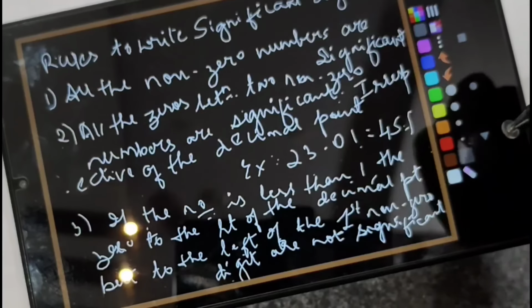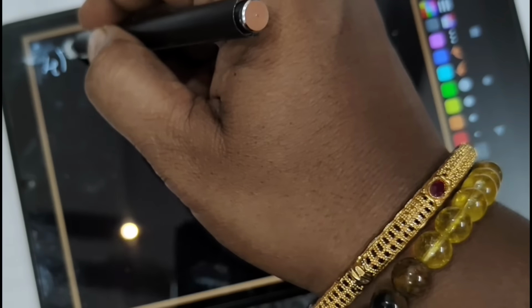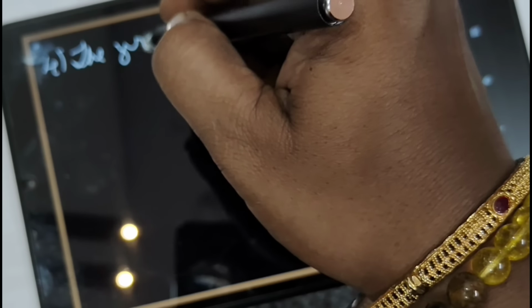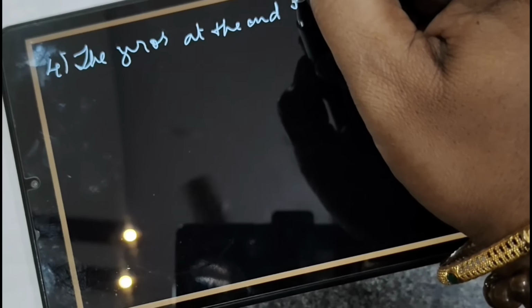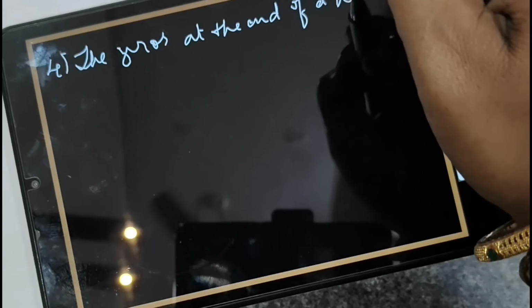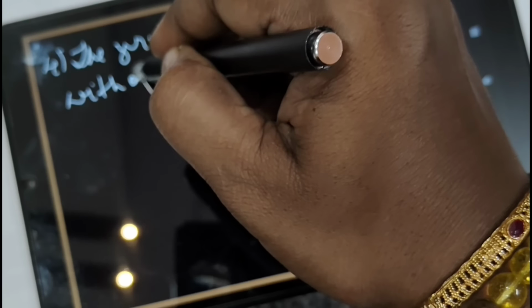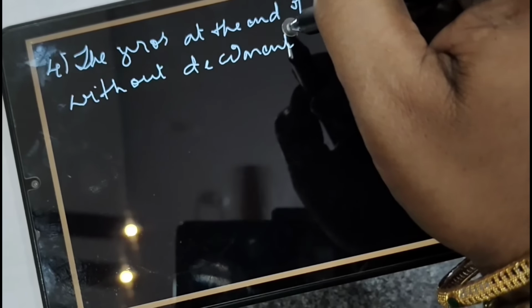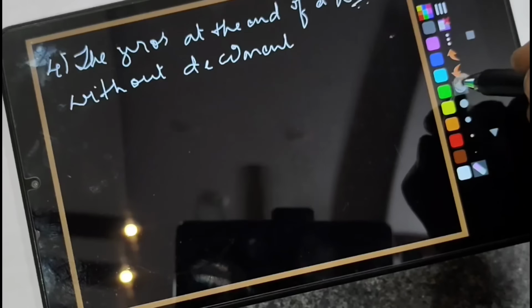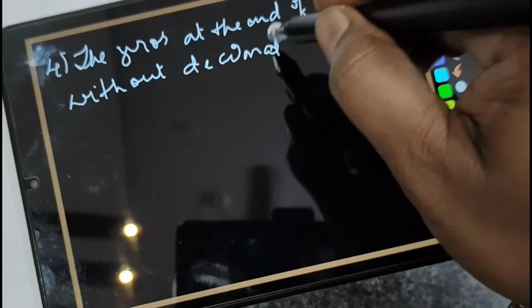We have two more rules. Fourth rule is the zeros at the end of a number without a decimal point are not significant.